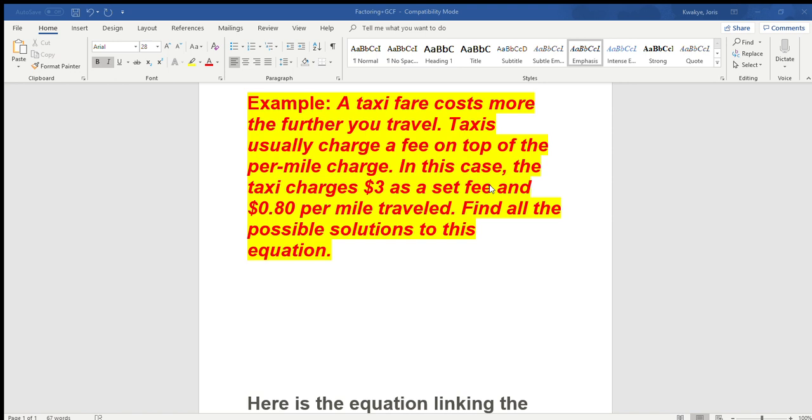So if you took a drive for 25 miles, then x is going to be 25 miles. X is what's going to change, and that's going to determine what y is.